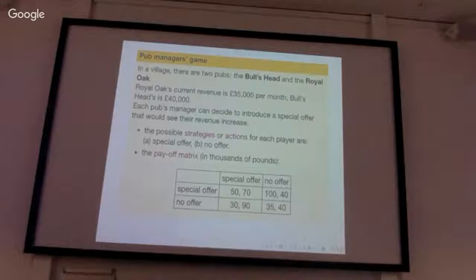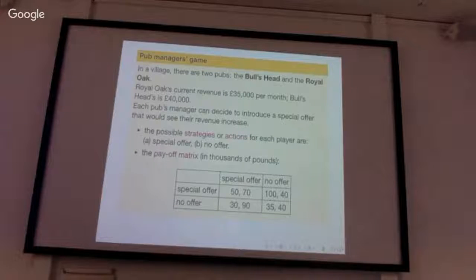Both players prefer that to no special offers, and that doesn't happen in a zero-sum game. In a zero-sum game, when you have two different outcomes, you can't, because if this is preferable to that for both of them, then the sum here must be larger than the sum there. Simple.